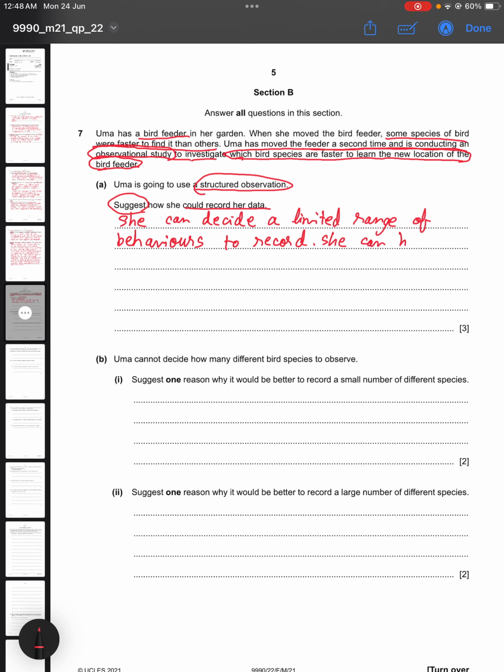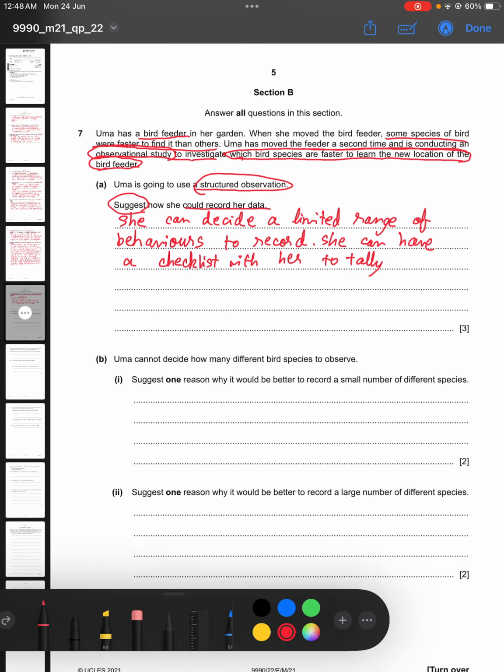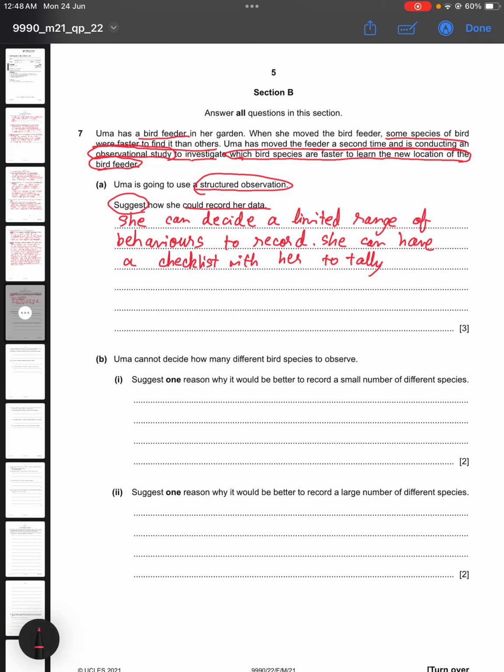She can have a checklist with her to tally the listed behaviors.